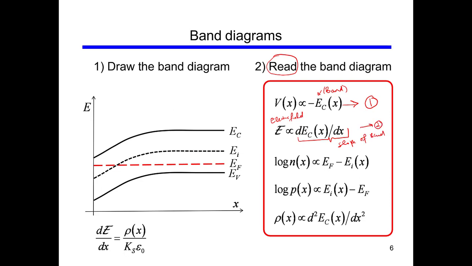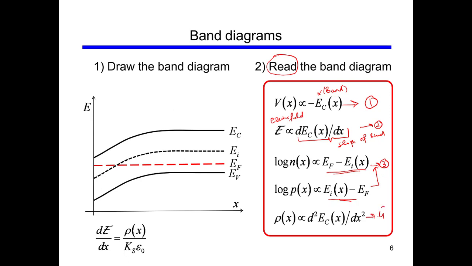And this is the number of electrons, which is proportional to the difference between Fermi level and intrinsic band, and the number of holes is proportional to the difference between intrinsic band and Fermi level.